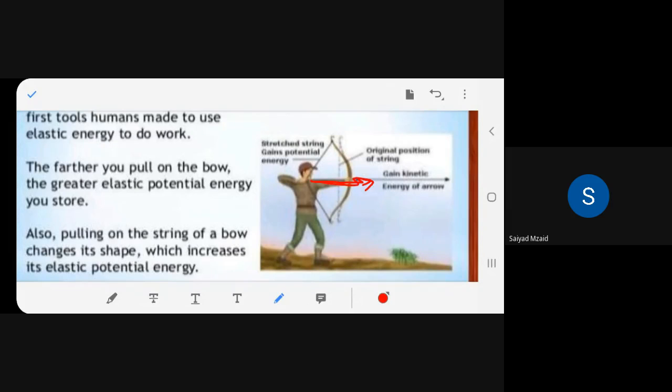But when you release it, it starts moving. So what is converted? Potential energy is converted to kinetic energy. Now, did you understand? And you can see the arrow flying. So the movement, I have already told you, the movement is equal to kinetic energy. Anything which moves has kinetic energy. I hope the things are very clear to you.